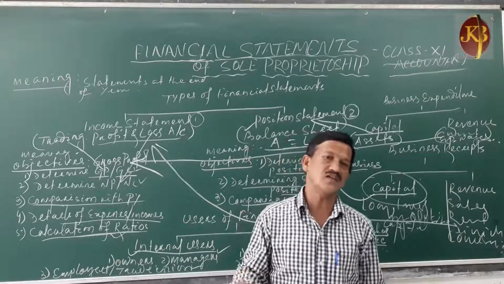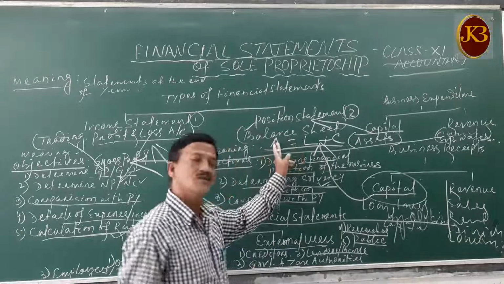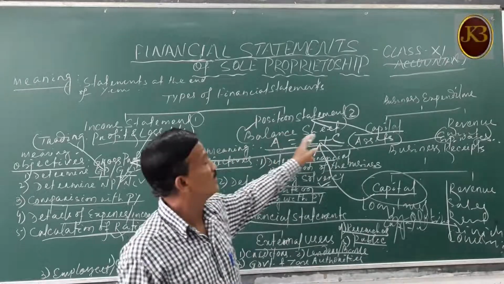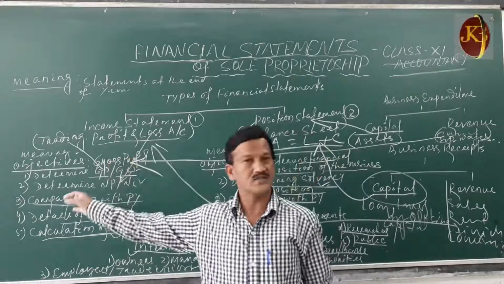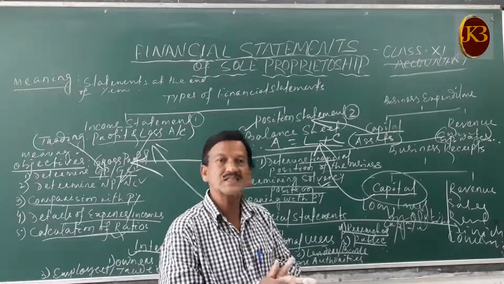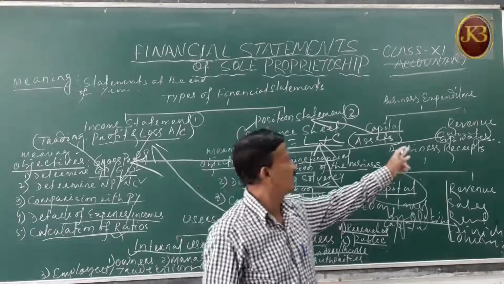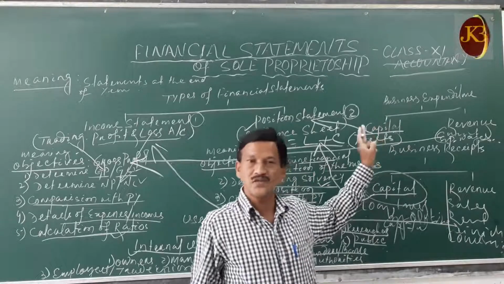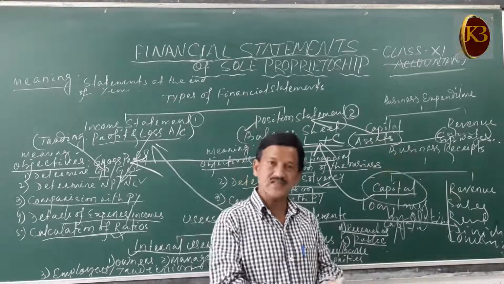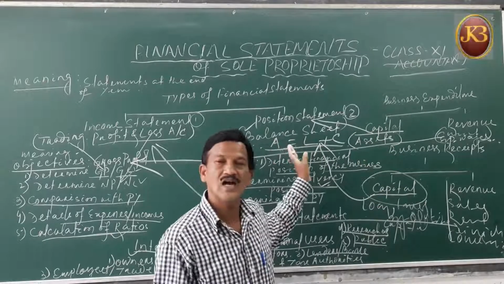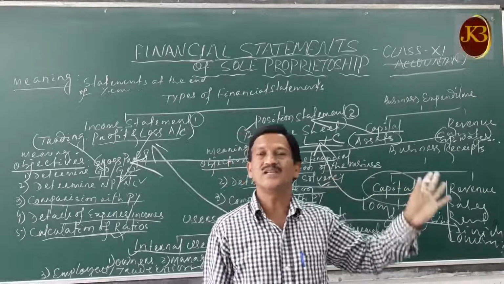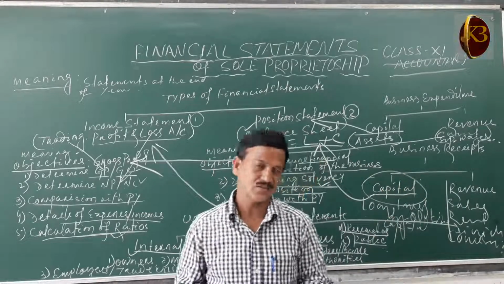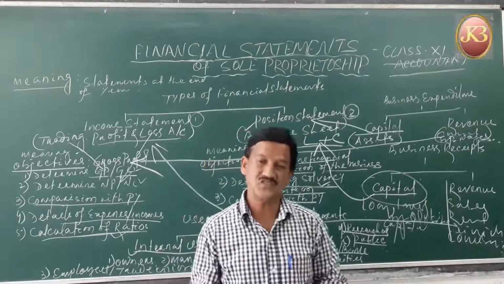So those expenditures are also transferred to the balance sheet, position statement, not to the trading profit and loss account, because the amount is a little bit larger than revenue expenditure and it is not regular, it is also occasional. That's why it goes to the asset side of the balance sheet under fictitious assets. So that is deferred expenditure.